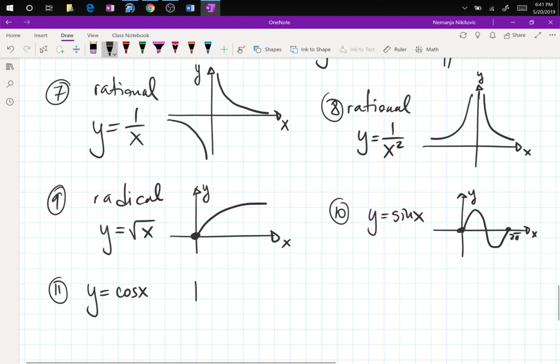Cosine x. So cosine x starts at 1, drops down to -1, goes back up to 1, from 0 to 2 pi.